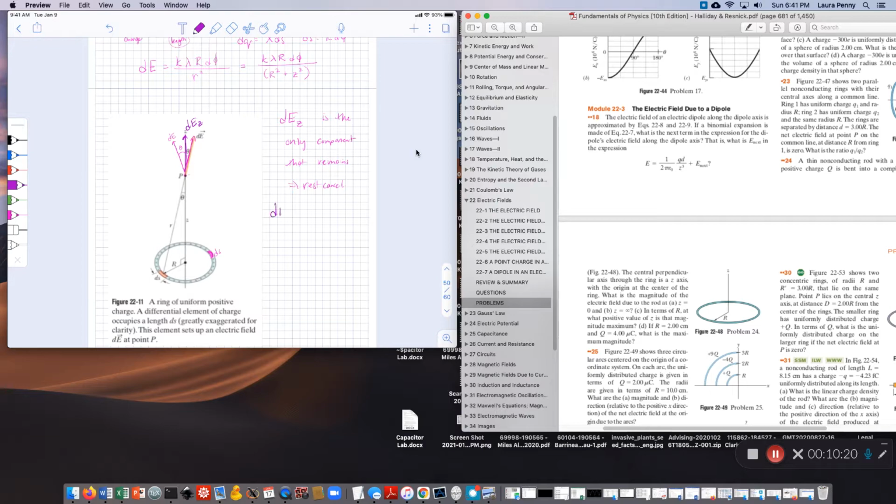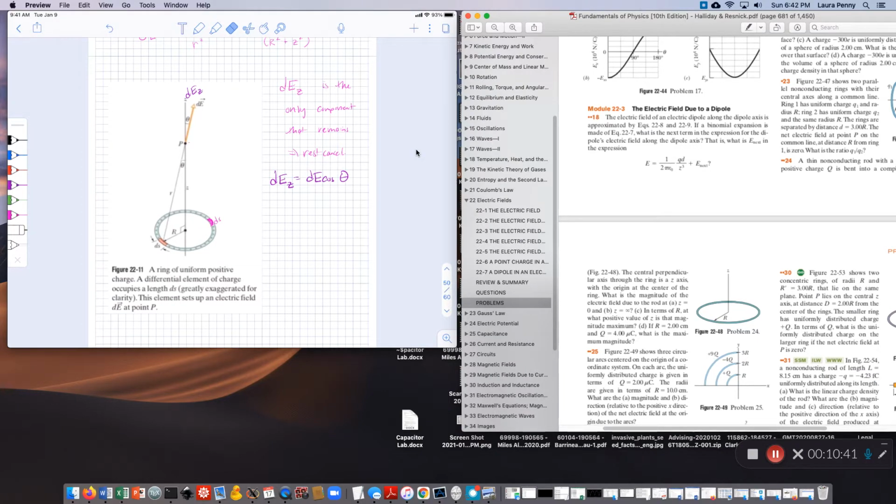Well, the dEz is dE times the cosine of this theta that we have drawn. So dEz is going to be dE times the cosine of that theta. If I look at this theta a little more, here's theta. The cosine of theta will be the adjacent side, which is this z, over the hypotenuse, which is the little r.